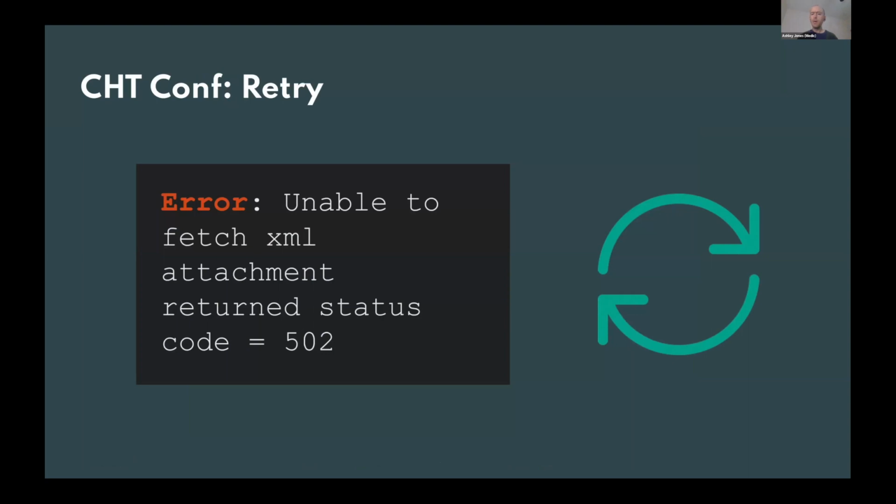There was a partner who had an error where, out of maybe 400 or 500 requests that CHT-conf would issue to the CHT server, one of them might fail. And the way CHT-conf was initially architected, this single failure would cause the entire application update to fail.